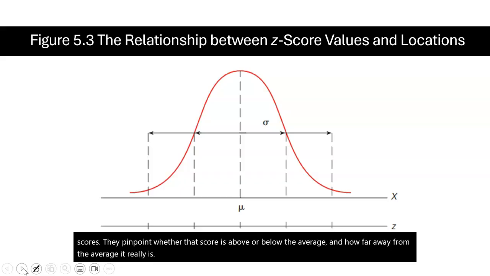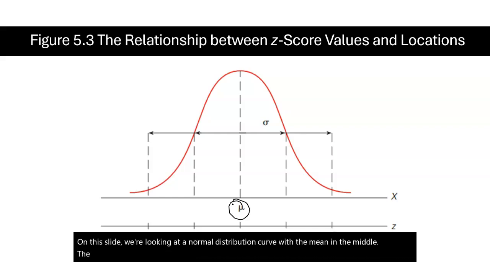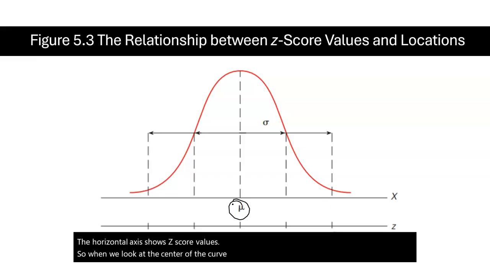On this slide, we're looking at a normal distribution curve with the mean in the middle. The horizontal axis shows z-score values. So when we look at the center of the curve, z = 0. This point is the average, or mean.